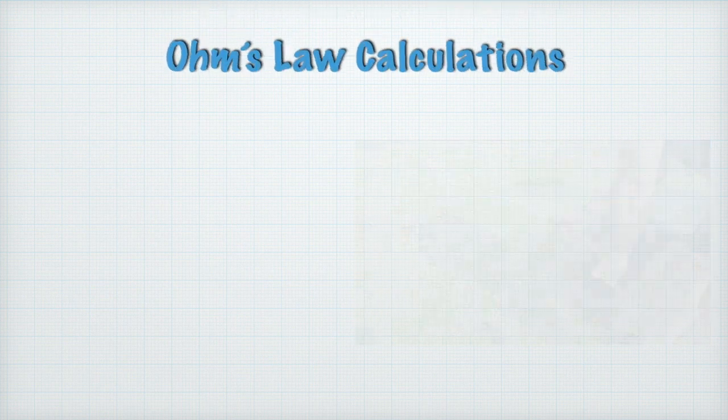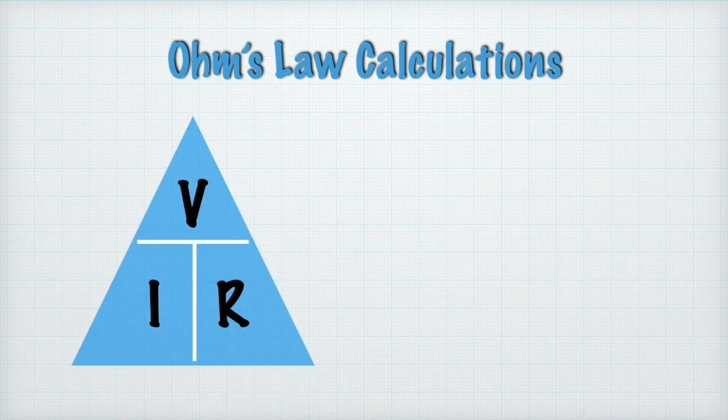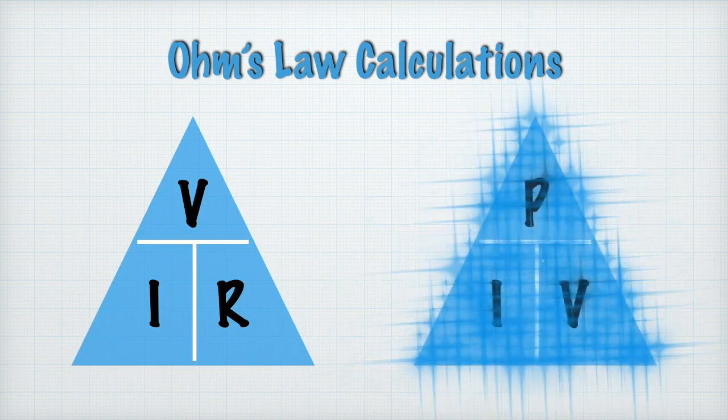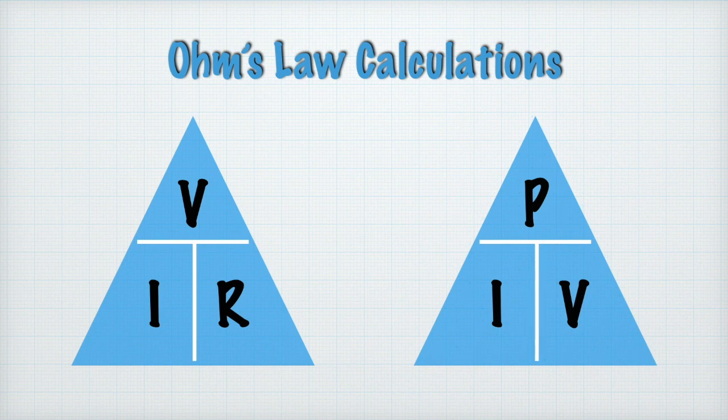And another way to relate it to each other is with these two what are called Ohm's Law pyramids. The one on the left is voltage, which is the V, I is the current, and R is the resistance. And on the right-hand side, the P represents power, and the I is current, and the V is voltage.